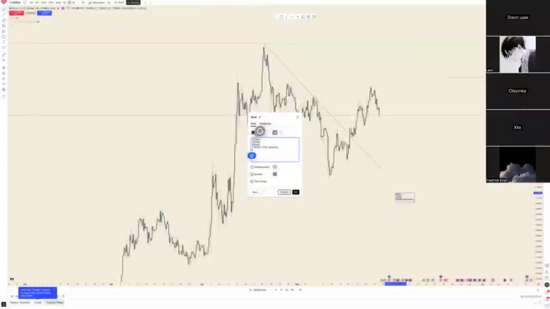We have field ranges. We have range liquidity. We have draw on liquidity. These are the major or basic ideas of liquidity I can give you as a function.